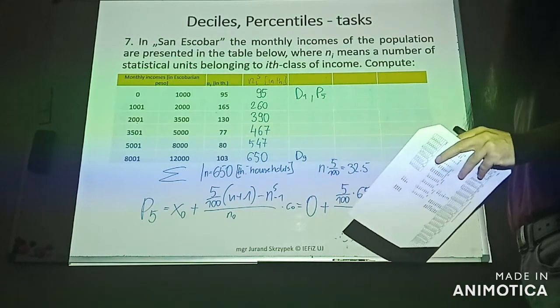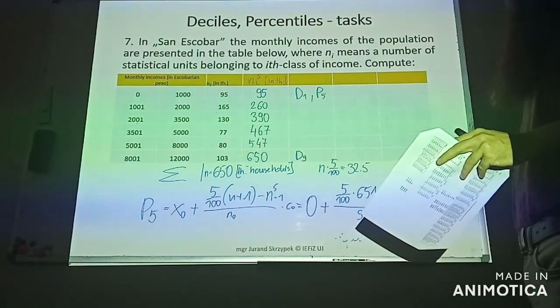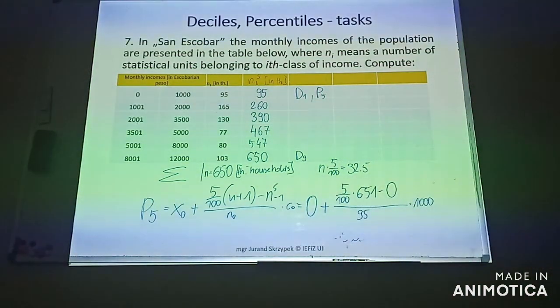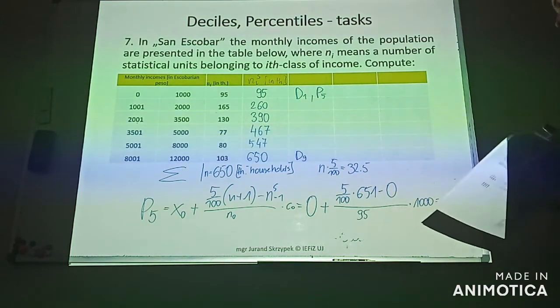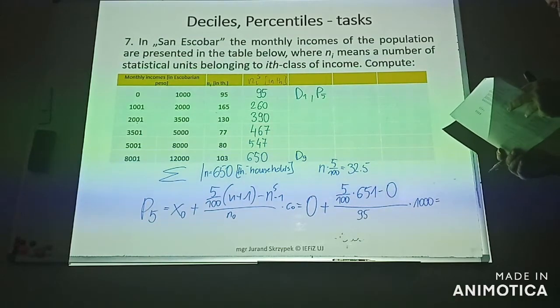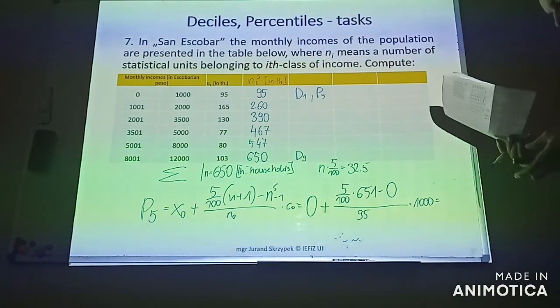This is the interpretation of the fifth percentile. We can perceive the fifth percentile as the poverty line, and this is how many?